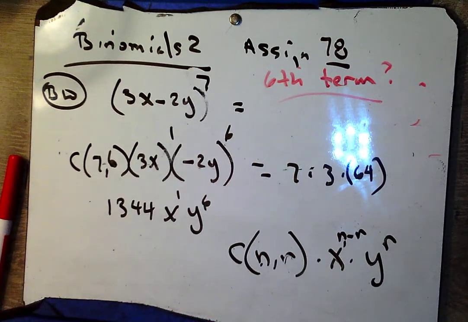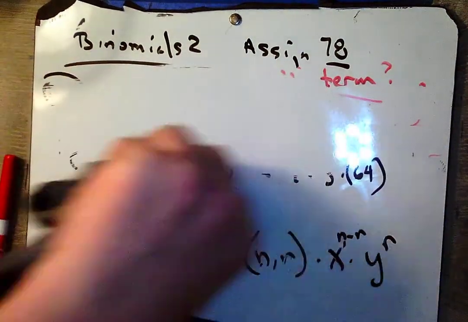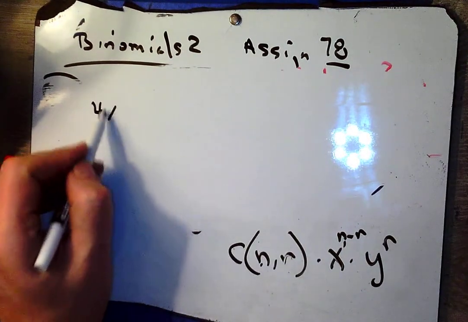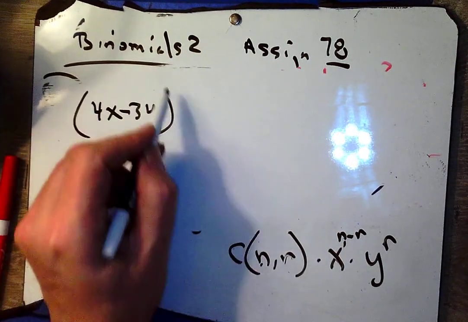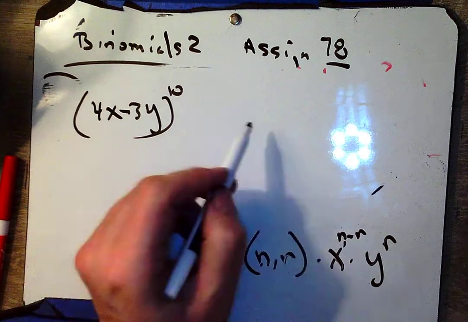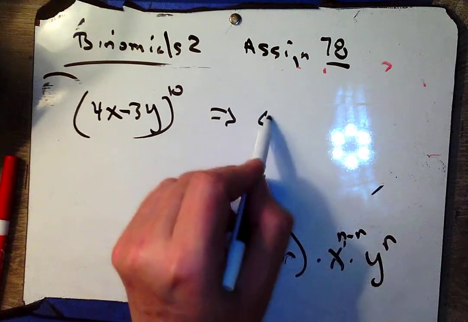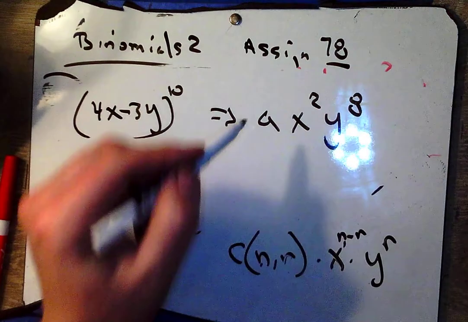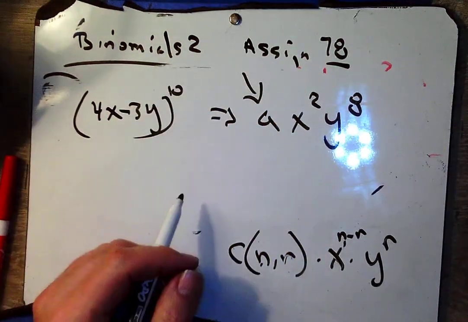So if someone says, hey, can you help me out, buddy? We've got 4x minus 3y to the 10th, but they're trying to find the coefficient on the term x squared y to the 8th. What's this number going to be?